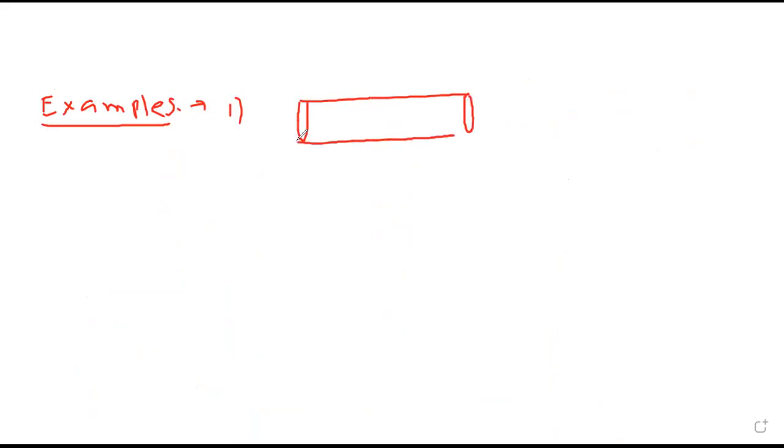Now, example. This is one resistor. It has 4 bands on it. First is red color. Second is orange. Third is green, fourth is silver.